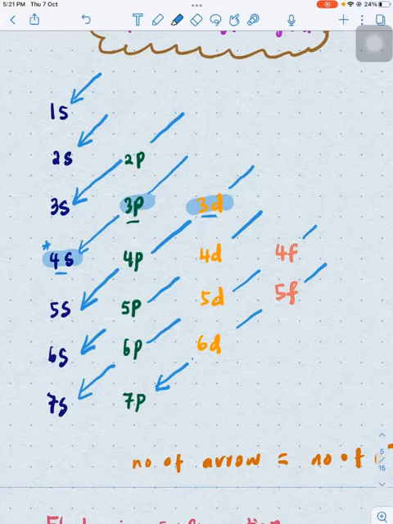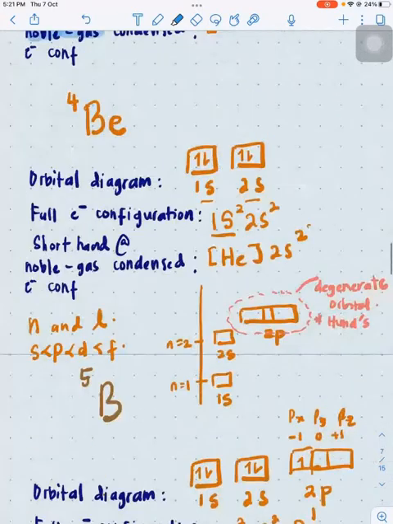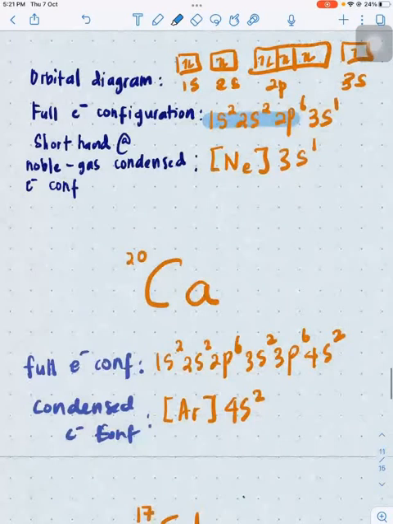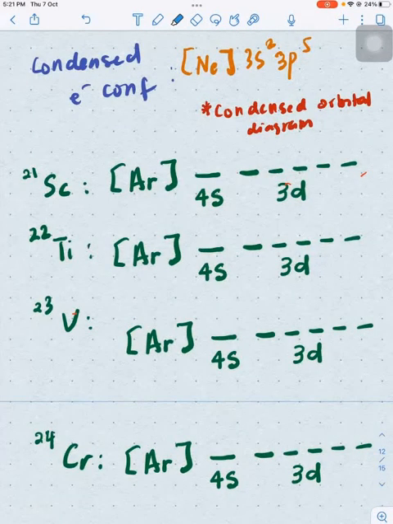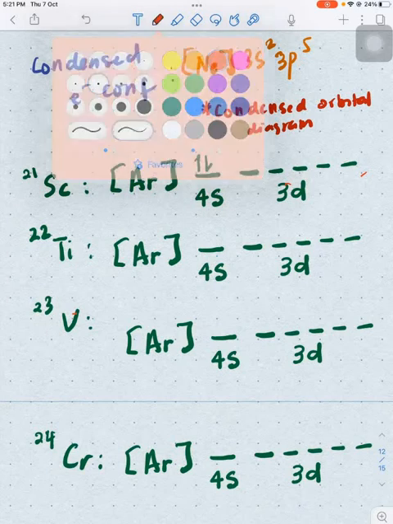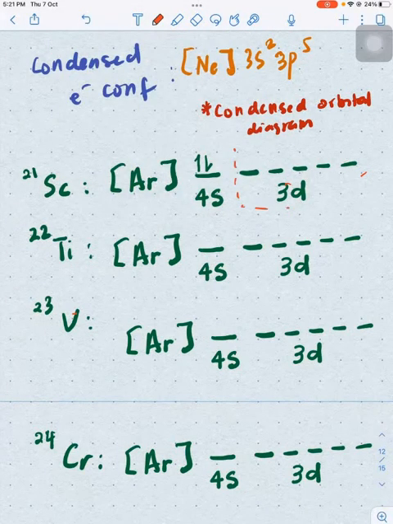Ikut je susunan dia. 3p, 4s, 3d. So that's why for scandium ni, di luar argon, kita perlu buka bilik 4s dan juga 3d. It is because kat dalam kotak tu dah 18. So kat sini adalah elektron yang ke-19, 20. So elektron yang ke-21 will again you need to apply Hund's rule sebab this is another degenerate orbital.